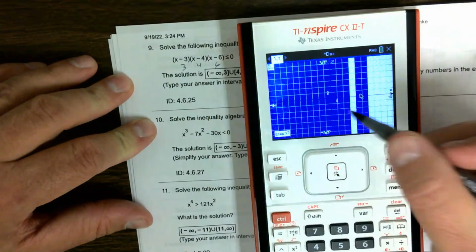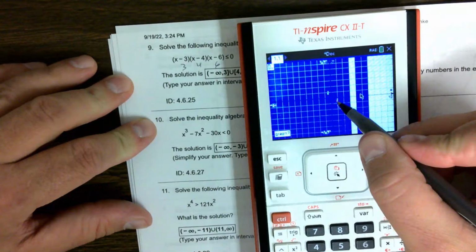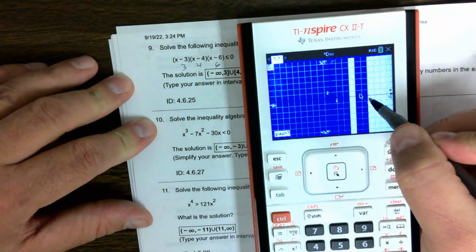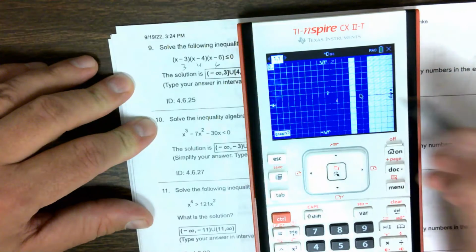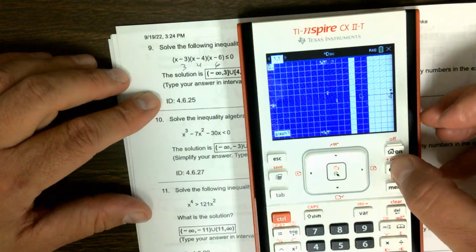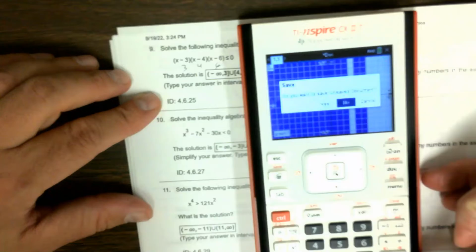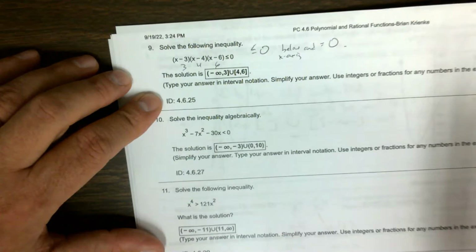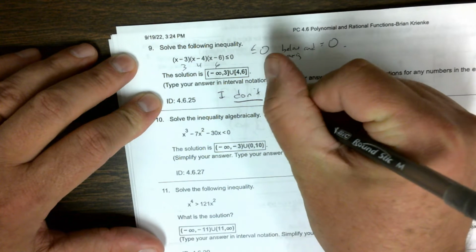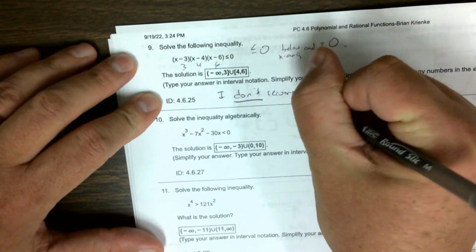I guess you can count 1, 2, 3, and then there's 4, 5, and 6. But sometimes you'll get fractions, so I do not recommend using relations.